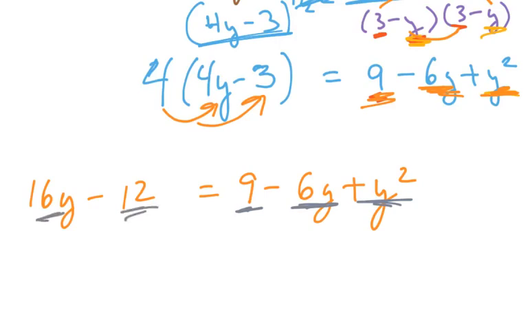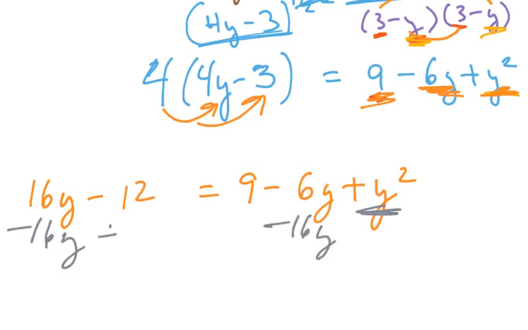So when we have a situation like this, what you always want to do is move everything over to one side. Doesn't matter what side you move things over to, but since y squared is positive here, I'm going to go ahead and subtract 16y from both sides and just add 12.